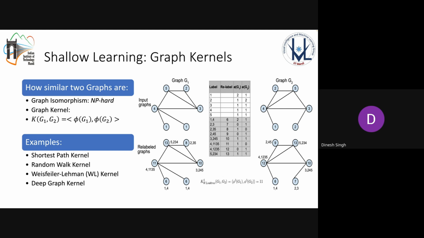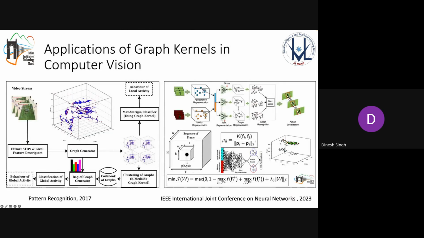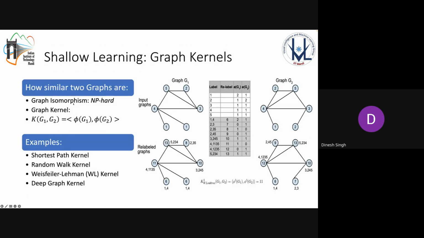For that, let's say now we come here. The first task is graph isomorphism. This is the standard graph algorithm.